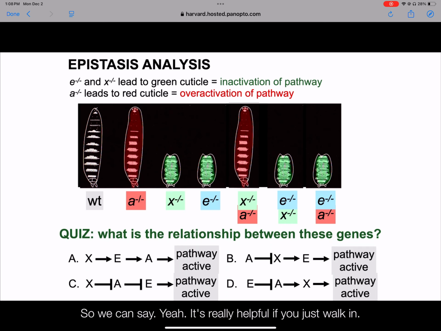It's really helpful if you just walk through. Which one did you guys think?